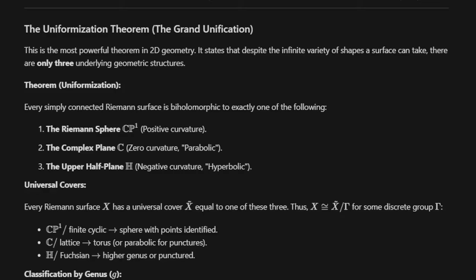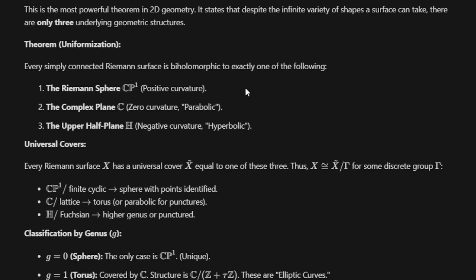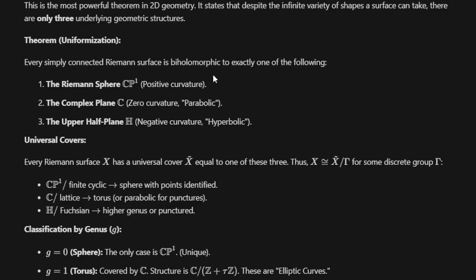Now, the uniformization, I keep saying uniformization. The uniformization theorem is just this grand unification, the most powerful theorem in two-dimensional geometry. It states that despite the infinite variety of shapes that a surface can take, there are only 3 underlying geometric structures. Every simply connected Riemann surface is biholomorphic to exactly one of the following: the Riemann sphere of positive curvature, the complex plane of 0 curvature, which is parabolic, and the upper half plane of negative curvature, which is hyperbolic.